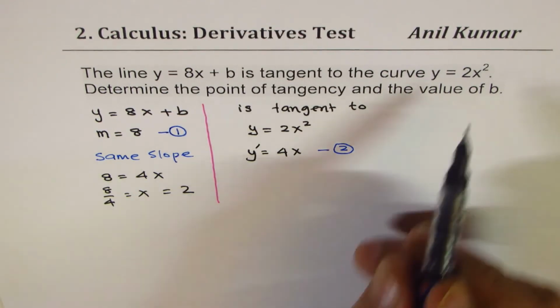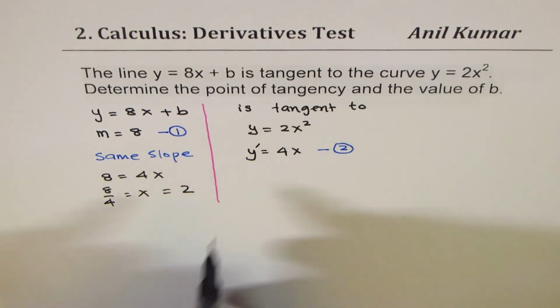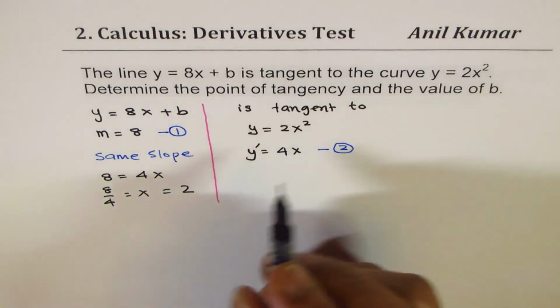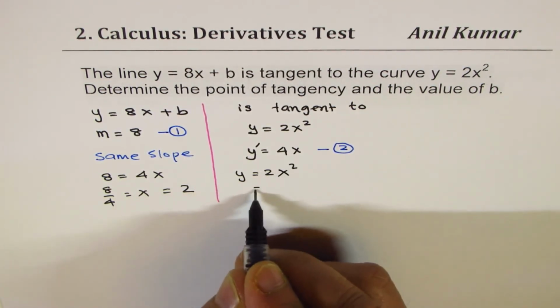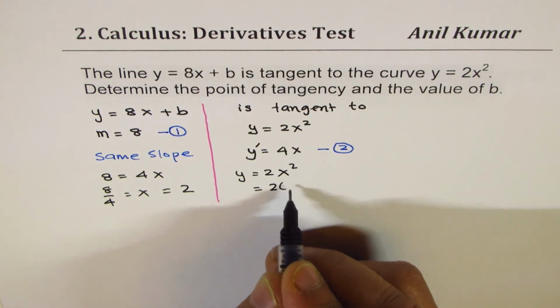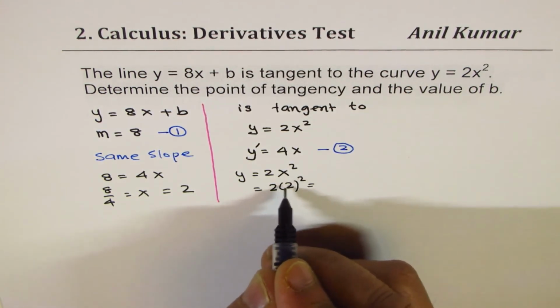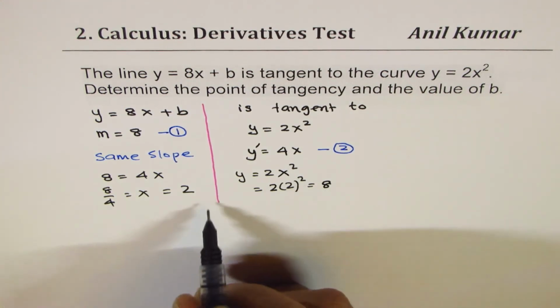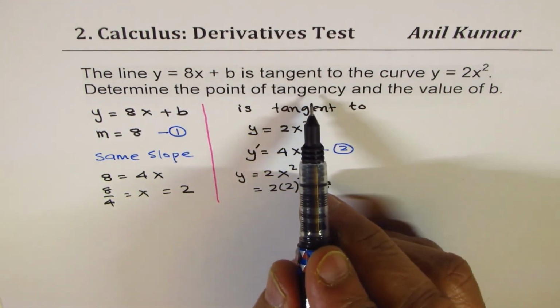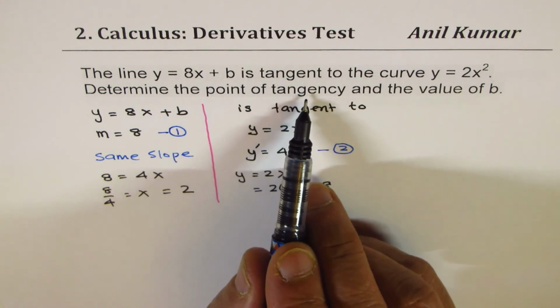Since x is 2, we can find the y value also. So we know y equals 2x squared, and since x is 2, we can write this as 2 times 2 squared, which is 2 squared is 4. 4 times 2 is 8. And therefore, we get the point of tangency, right?